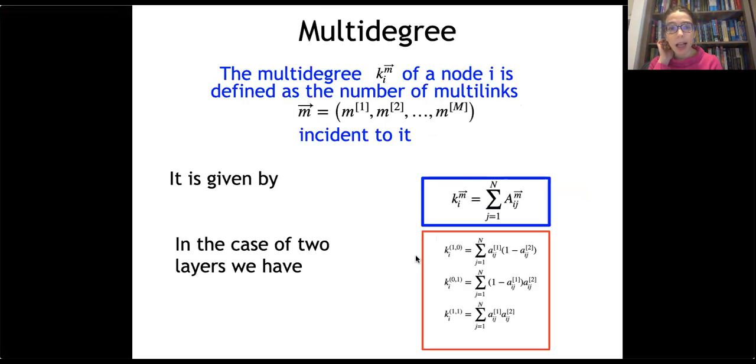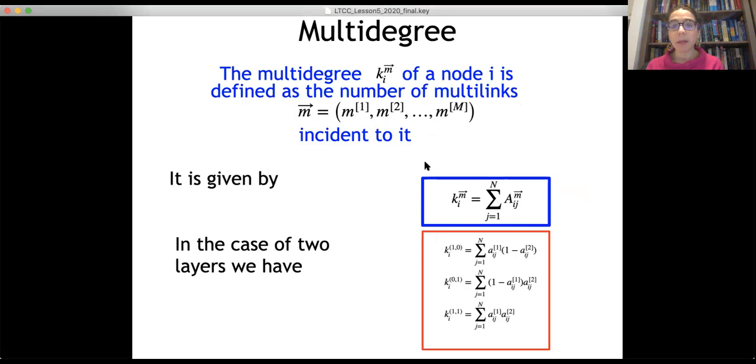This seems a little bit cumbersome, but it is actually useful to define the multi-degree sequence and the multi-degree of a node. The multi-degree k_i vector m of a node i is defined as the number of multilinks vector m incident to it. So it's defined as the sum of the row or the sum of the column of this multi-adjacency matrix.